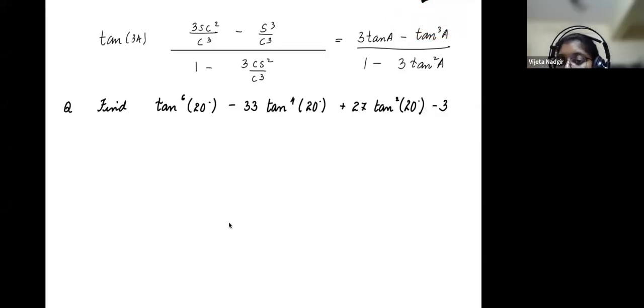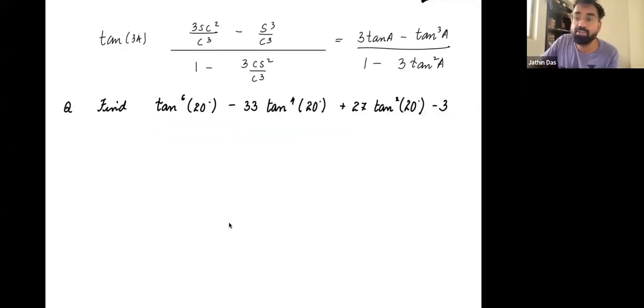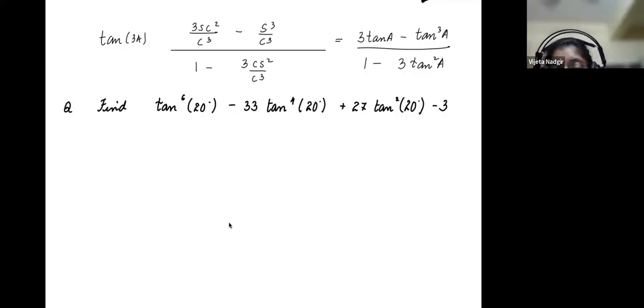Yeah. तो किसी tan 3a का square है ये. Which one you think? 20 into 3 कर लो. What is 20 into 3? 60. That's it.